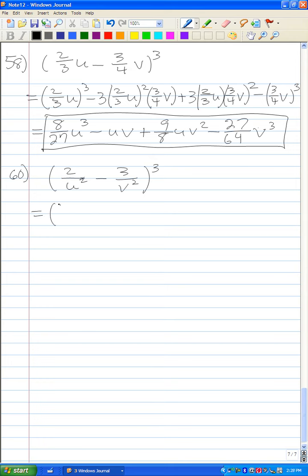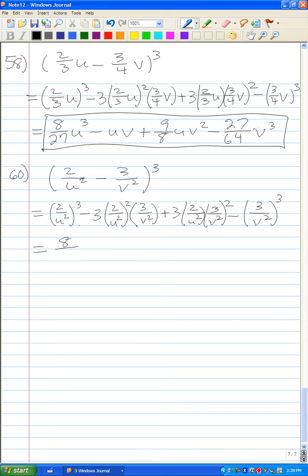So it's the first, 2 over u squared cubed, minus 3 first, 2 over u squared squared, second or last, 3 over v squared, plus 3 first, 2 over u squared, last, 3 over v squared quantity squared, minus the last, 3 over v squared cubed.